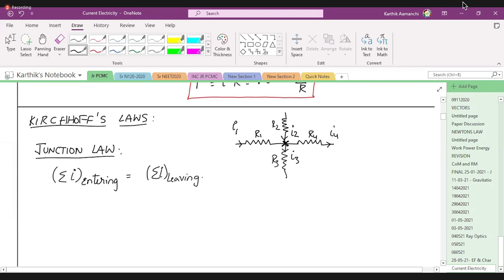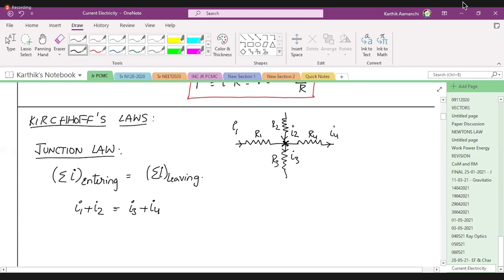Clear? So I1 plus I2 will be equal to I3 plus I4, isn't it? Or the total current at the junction will be equal to 0.